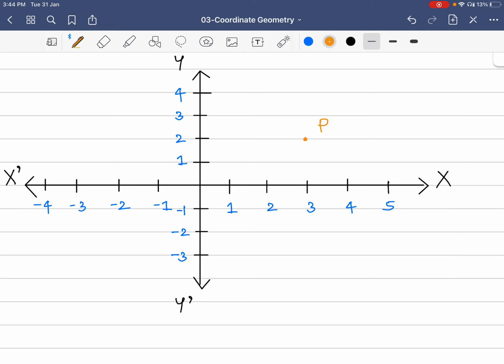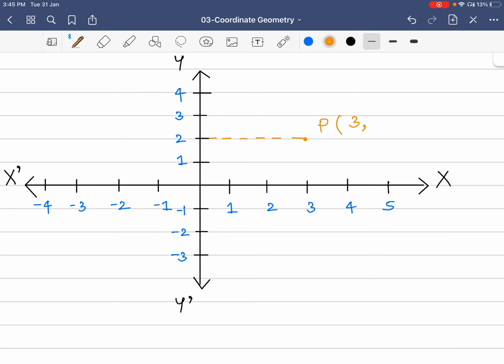Now, how do we refer to P, or how do we locate the address of P? First we find the perpendicular distance of P from the y-axis. This is our point P, this is our y-axis. What is that? It will be equal to 3. I'm going to write this in brackets like this, 3 comma.